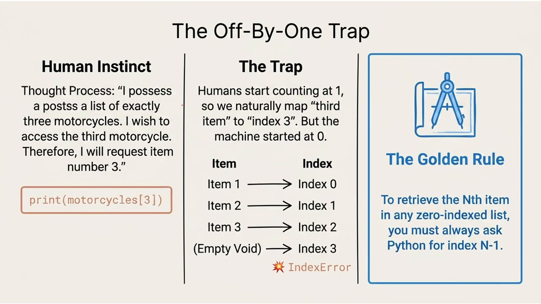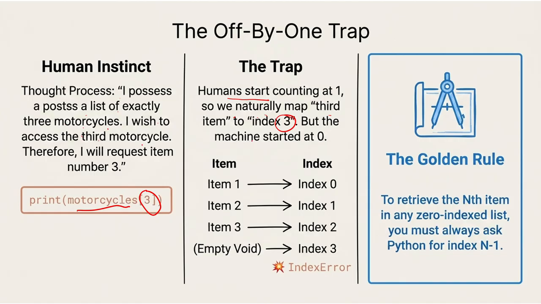So that's what they are mentioning over here. What a human thinks: I possess a list of exactly 3 motorcycles, and I wish to access the third motorcycle. So you wrote motorcycles, which is the list, and you want to access the third one, so you will write 3. Because you are human, you will start counting at 1, so you naturally map the third item to index 3.